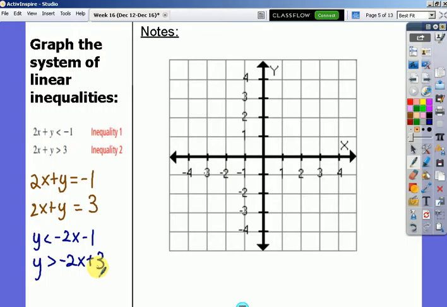We start at negative 1, and then we go up or down 2 to the right one. Go up 1, 2 to the left one. And we have a dotted line. This says y is less than, so I'm going to shade below.